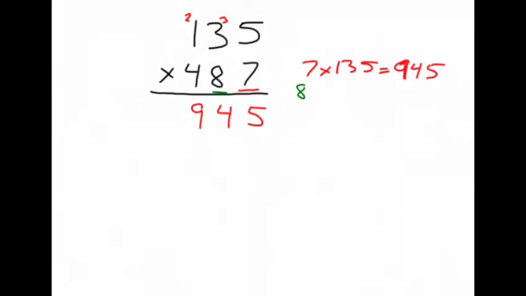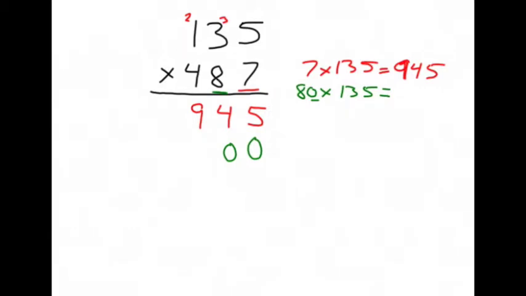Now I'm going to move over to the tens place, in which I have an 8. So what I'm doing now is I'm multiplying 80 times 135. Okay? So 8 times 5 is 40. Oh, I almost forgot. Since I'm multiplying by a 10, I'm going to hold a 0 in the ones place because anything times 10 has a 0 at the end. So I'm going to put it there right in the beginning. On the far right, place value is a 0 anytime you're multiplying by tens.